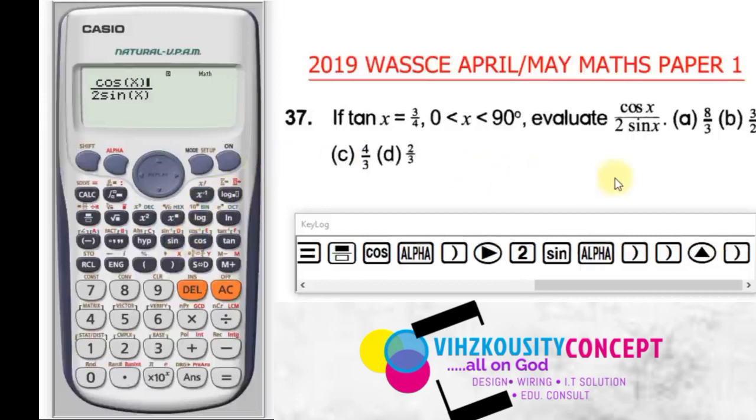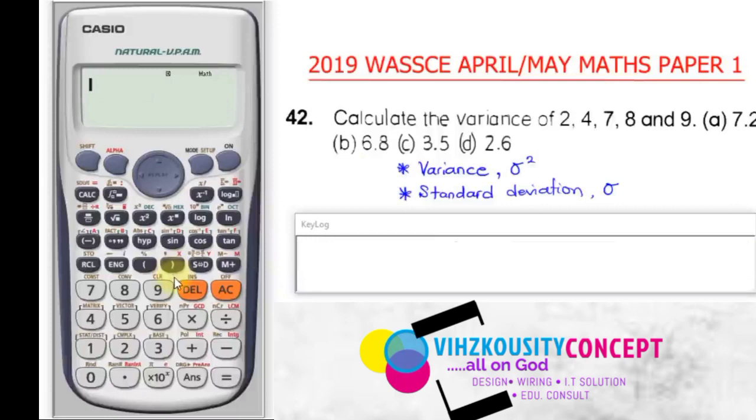Okay, so cos x over 2 sin x, and I can just press equal to, and directly the calculator just solves this, retaining the value of x that it evaluated from tan x is equal to 3 over 4. It's now telling me that cos x over 2 sin x is nothing but 2 over 3. And looking at our options, you can see that is option D, 2 over 3.